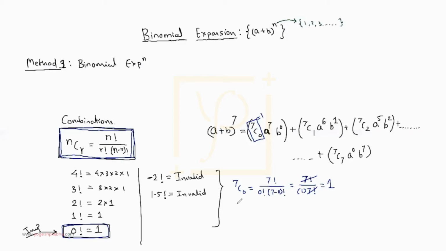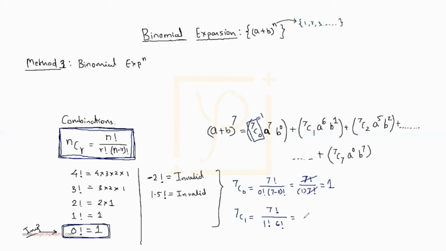Now you can keep on doing this. You can find out 7c1. 7c1 will be 7 factorial over, with n as 7 and r as 1, 1 factorial times 7 minus 1, that is 6 factorial.